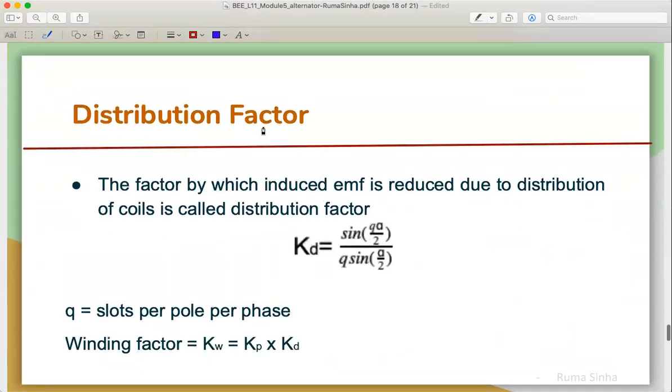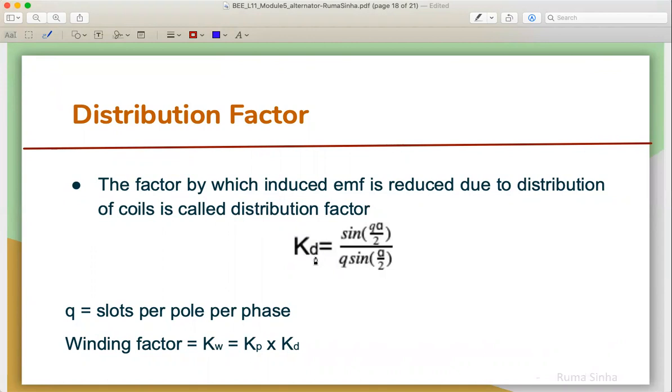What is the distribution factor? The distribution factor is the factor by which induced EMF is reduced due to distribution of the coil. That means because the winding is distributed, what is the factor by which induced EMF is reduced? That is called the distribution factor.